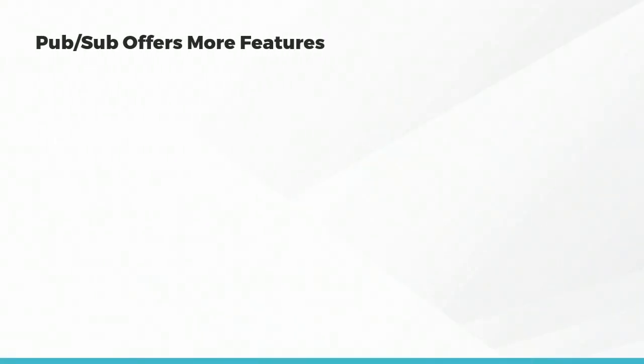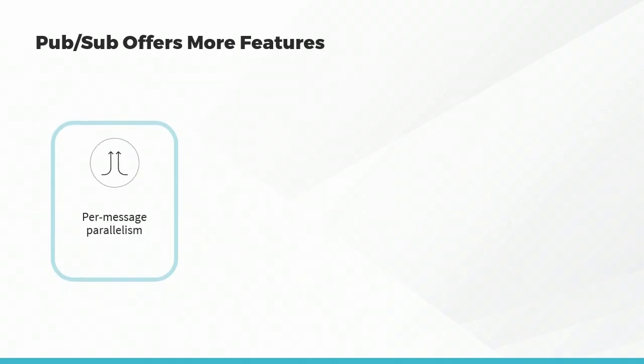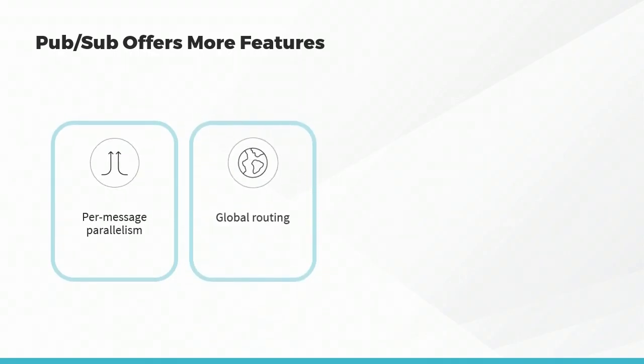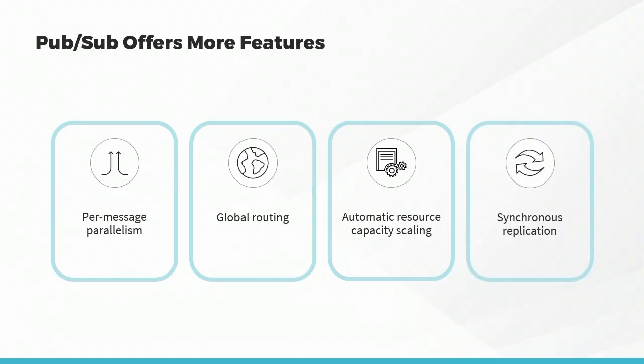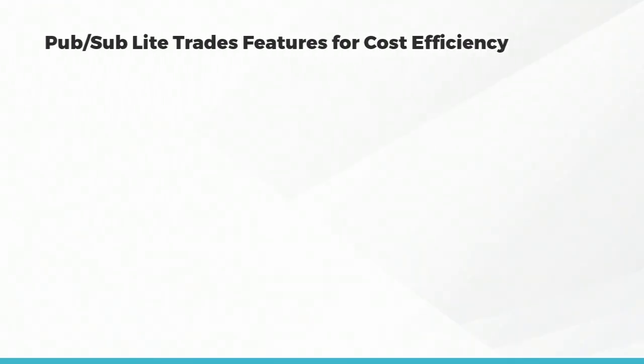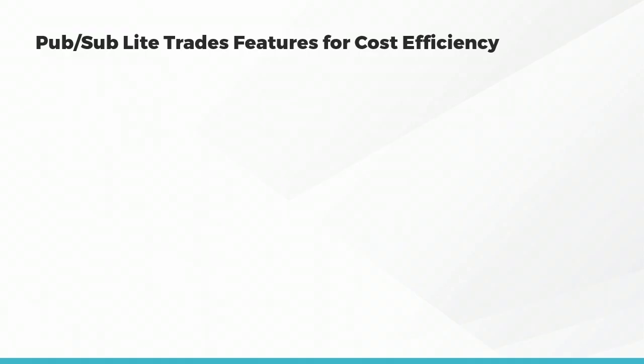Now PubSub just offers more features. You have per message parallelism, it comes with global routing, and automatically scaling the capacity resources for sending messages to many different locations. And it has synchronous replication, all guaranteed by synchronous replication. Now, PubSub Lite will trade certain features for cost efficiency.